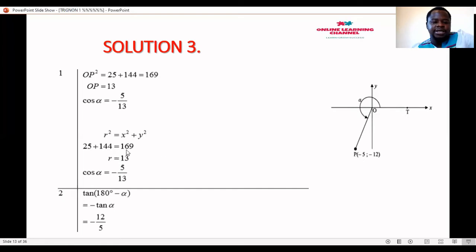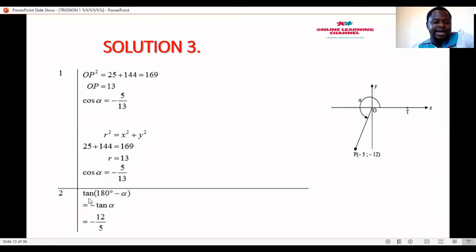You just add negative 5 squared, 25, plus 144, which is equal to 169. Then it means that your r is the root of 169, which is 13. So cos alpha, if this is your alpha, will be adjacent over hypotenuse, which is negative 5 over 13. This will be simple.